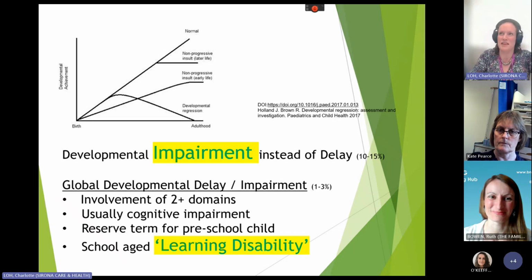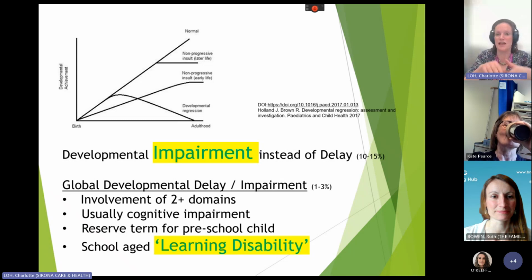I think what I'm trying to say is it's a bugbear of mine when I see a child with a significant learning disability who is not labelled as having learning disability, but on all their notes saying global developmental delay. Actually, that doesn't really explain anything. What's more helpful is to say a child has got delay or impairment in the following domains, so motor and language, or global developmental impairment.